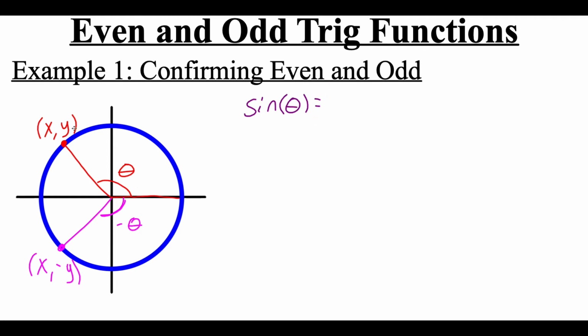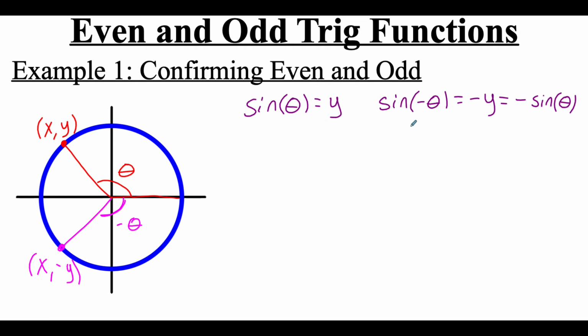Sine is the y value from the ordered pair, so in this case it's just y. But now let's compare that to the sine of negative theta. So if we look at that angle and its ordered pair, it's negative y. Now that just happens to be the opposite of the original sine value that we got when we looked at positive theta. And that's what makes this function odd.